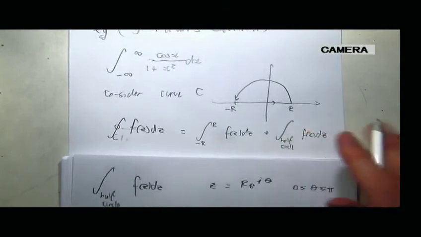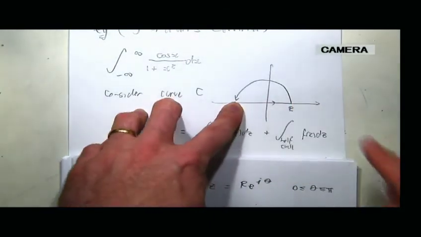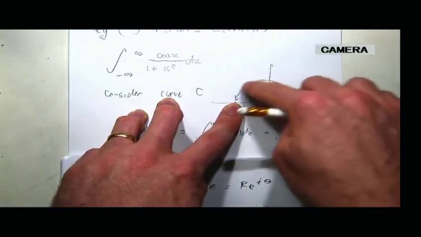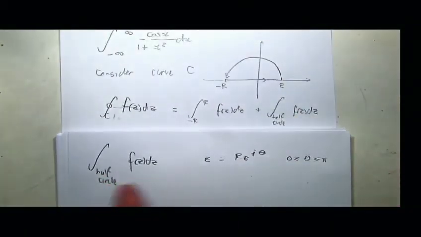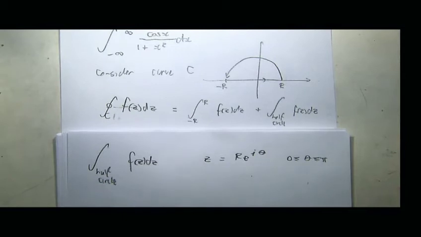Because the radius is r, and we're only using the top half. So that's what the half circle is. Jordan's lemma was specifically referring to the r e to the I theta.